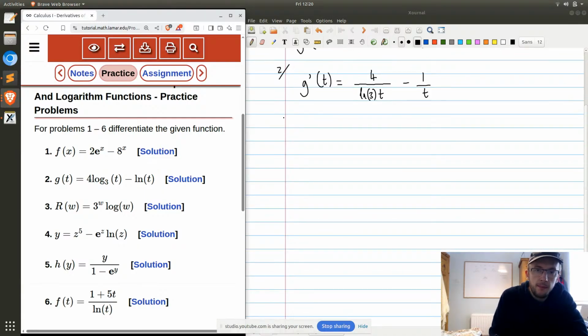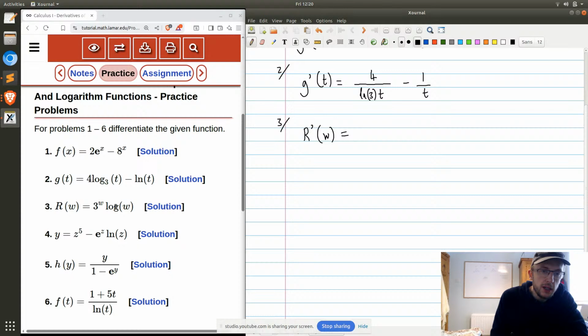For the third one, there's r of w, and now computing r prime of w. So that's a product. We differentiate the first one and leave the second one alone. So that would be ln 3 to the w, differentiating the first function and leaving the second alone. Then differentiate the second function and leave the first one alone.